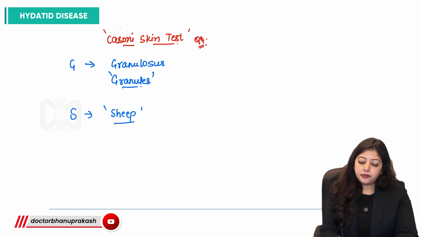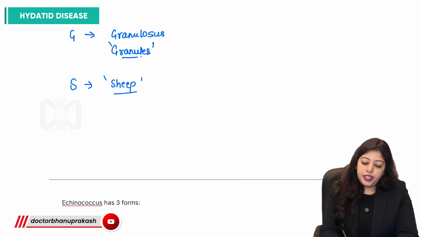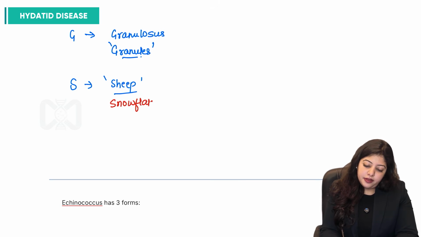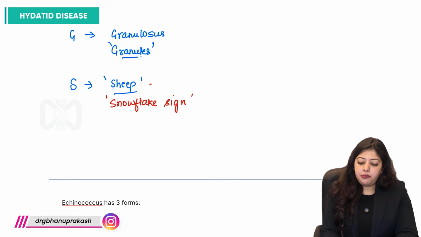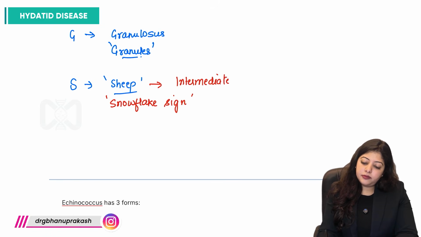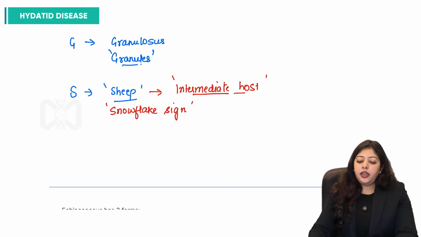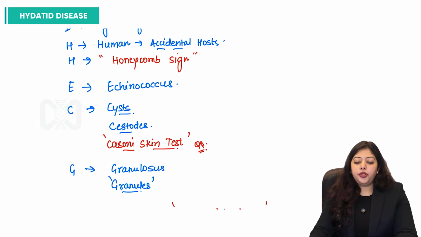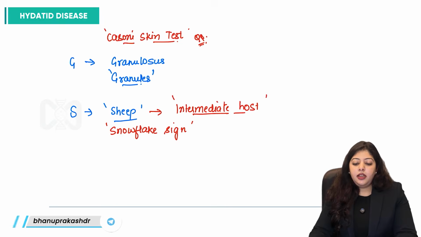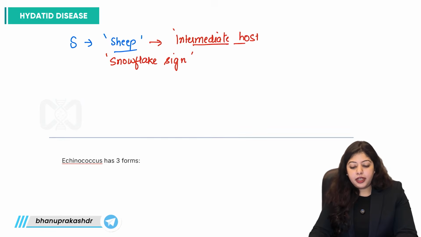And another important radiological sign, that is snowflake sign, right? Sheep here is the intermediate host. So this was about the important host, the signs, presence of cysts, etc.